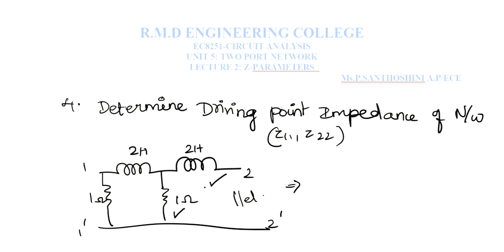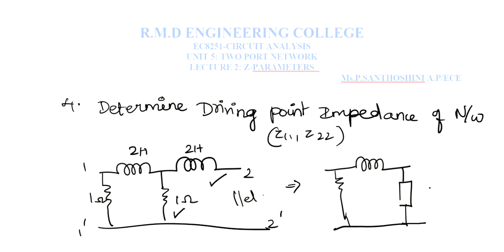So you can make it as a single branch. This box is nothing but 2 Henry, that is 2s parallel with 1 in Laplace transform. So it is 2s and it is 1. If it is a capacitor, you can write as 1 by 2s. That is, a capacitor is in the denominator.